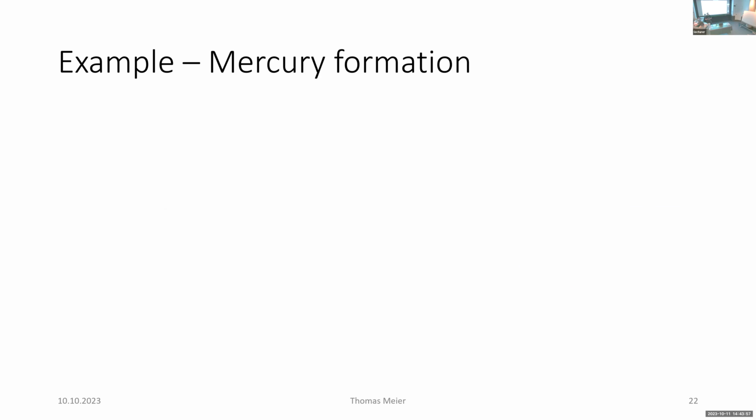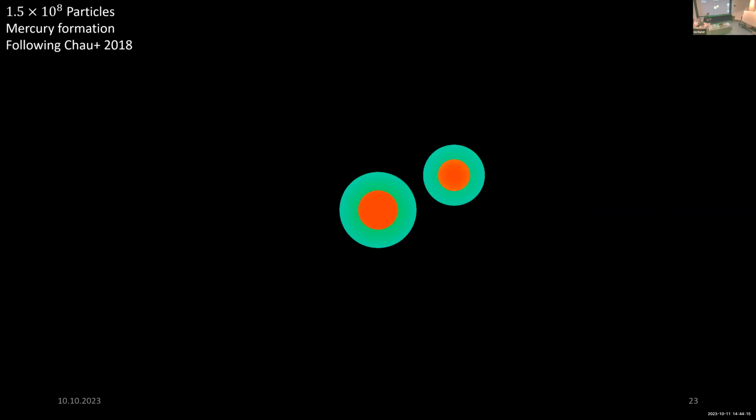So now the examples I promised. Right, so Mercury is weird. Mercury has too much iron, essentially. So the hypothesis there, as I already alluded to, is that a giant impact stripped away parts of the mantle, leaving a highly enriched body. And this is a simulation of that.